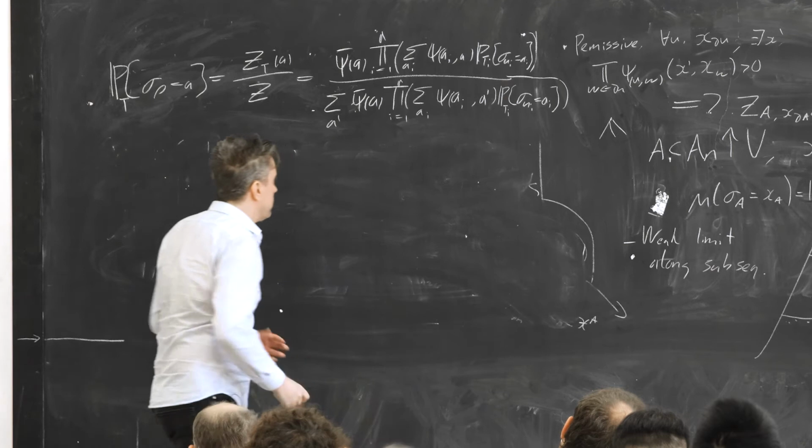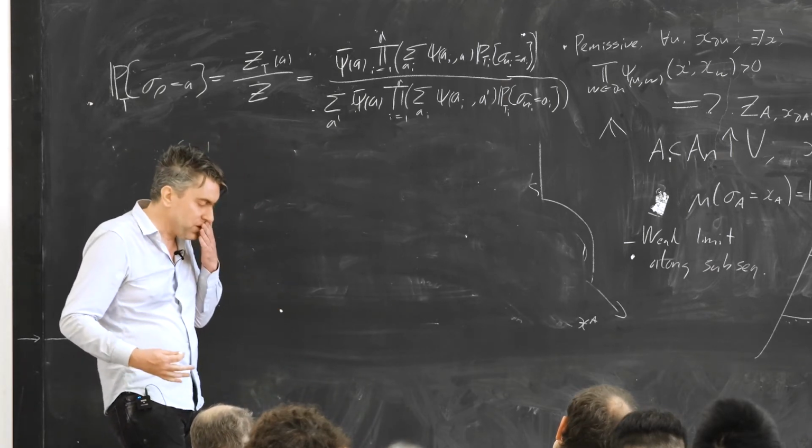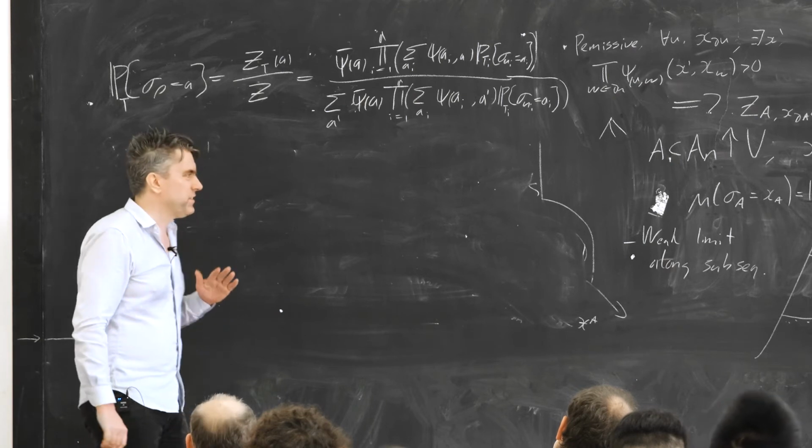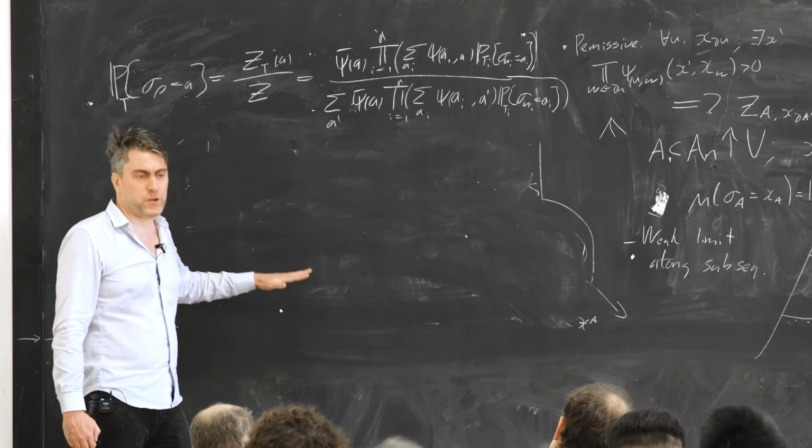Okay. So this gives us a way of calculating the marginal probabilities. And this is something you could do with dynamic programming on the tree.